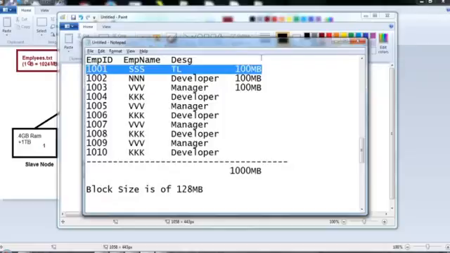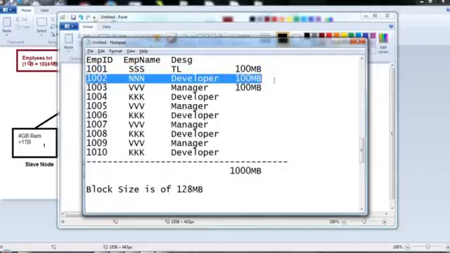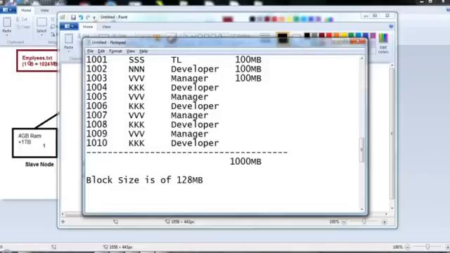With the remaining space of 28 MB, 100 minus 28 will be stored in the next block. So can we count the number of blocks that way? 10, right? 10 only, right?